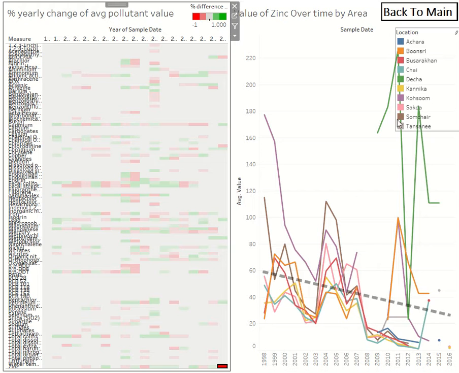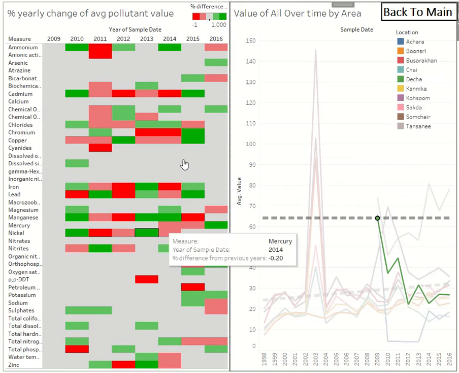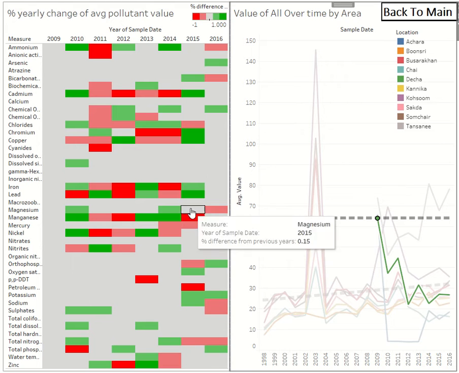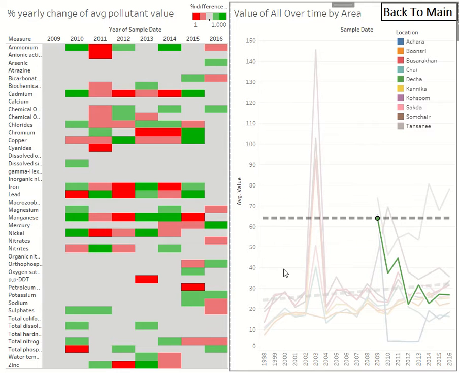If you click any of the locations, you can see that the graph on the left changes to the percentage yearly change of average value in that location. At the top right hand corner, you can see a button to go back to the main page.